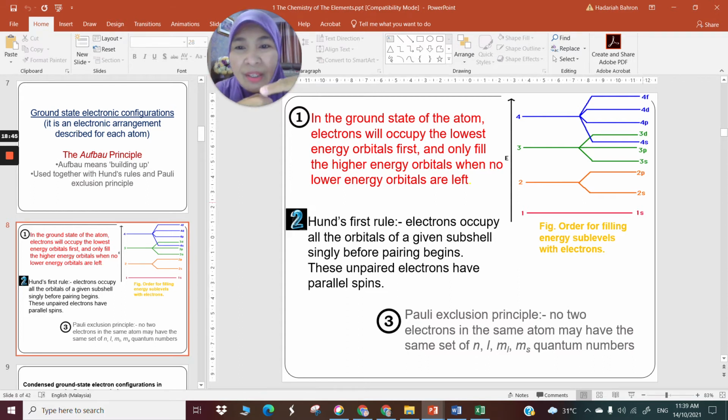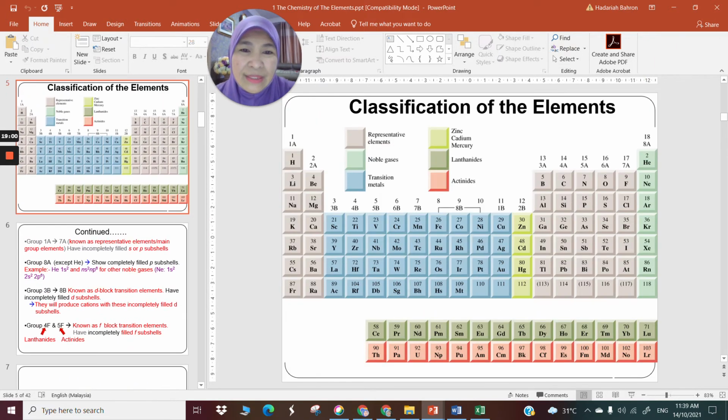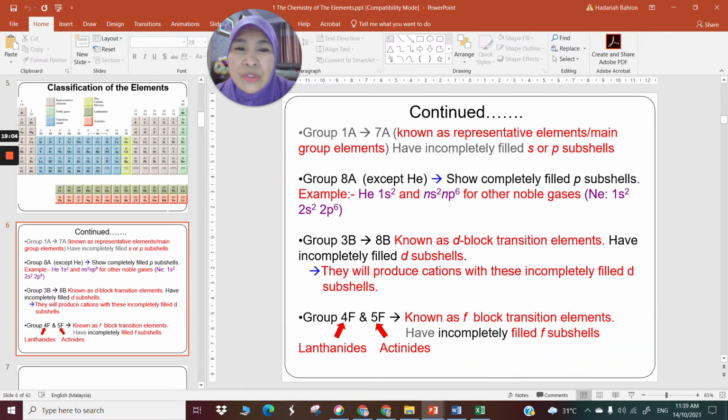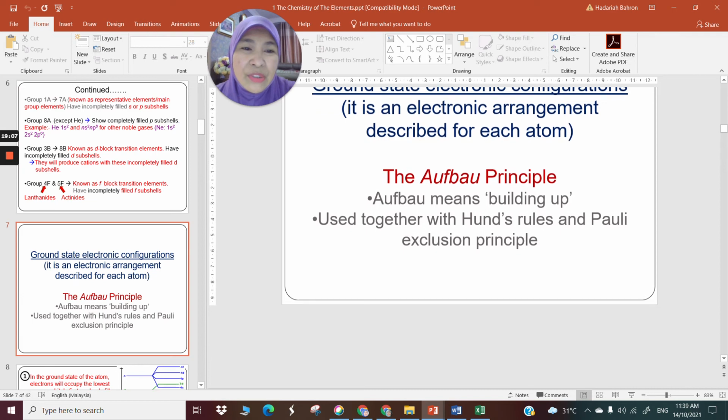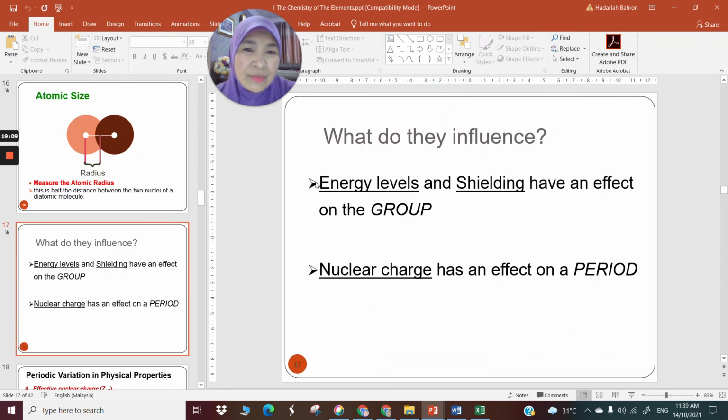So the third electron that goes in will make lithium. And lithium will occupy this 2s orbital. Yeah? So lithium. And then what next? The fourth electron. What is the fourth electron after lithium? It will make beryllium.